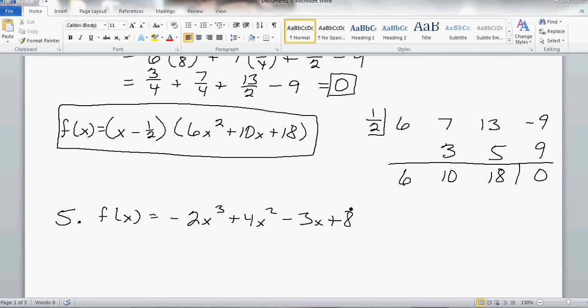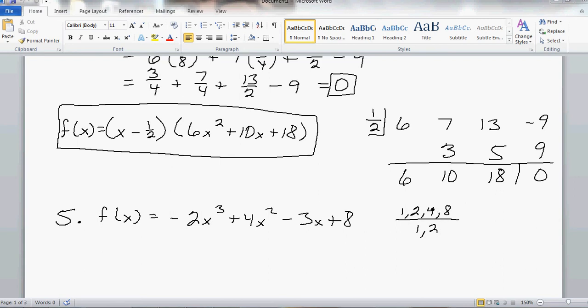What we're going to do is take this last term, the constant here, and list every factor of 8. So that would be 1, 2, 4, and 8. We're going to put those numbers in the numerator. Then we're going to take all of the factors of the leading coefficient and list those in the denominator. So 2 will be 1 and 2.